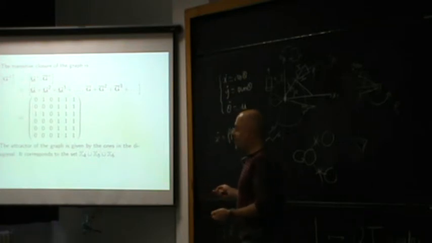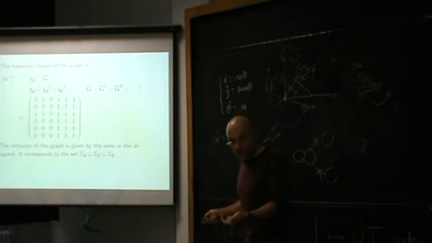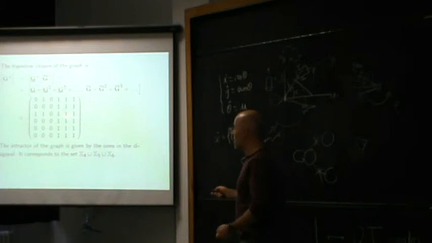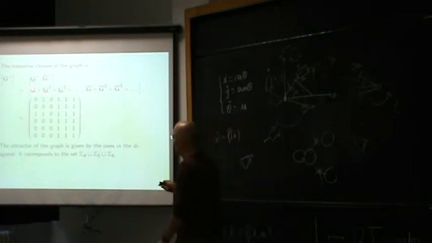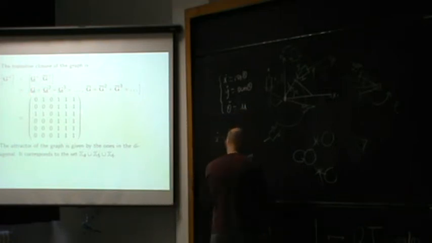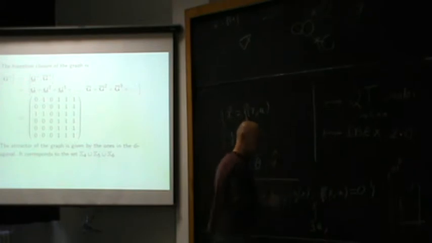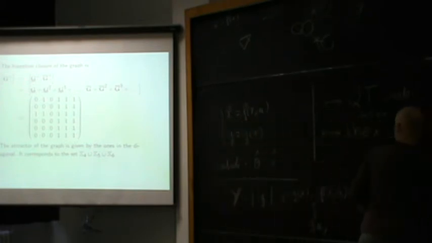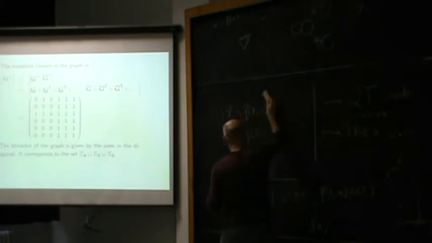And if I want to compute the transitive closure, I have to compute the matrix, plus the square of the matrix, plus the matrix to the power 3.